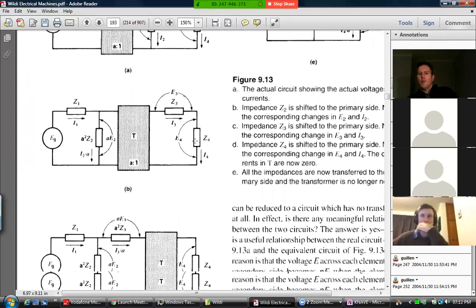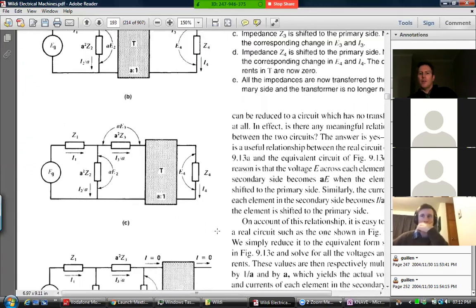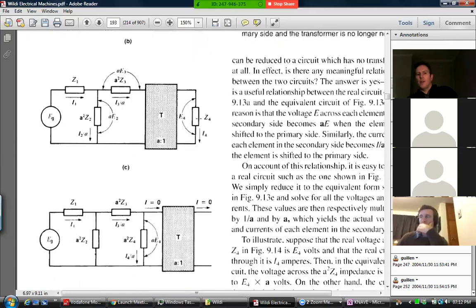Same thing, they moved this one to this one. It was over here. Now it's gone, and it's reappeared over here. Again, they've multiplied it by A squared. So now you have a thing where the load is gone here. There's nothing over here, so there's no current. It's open circuit there.